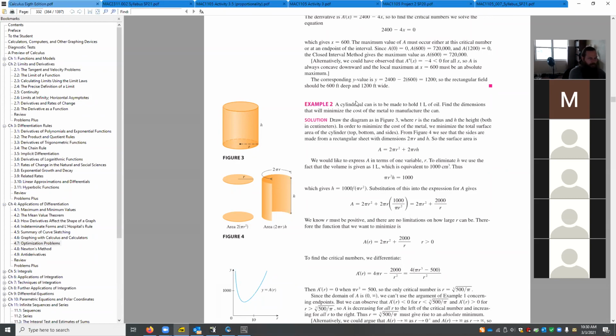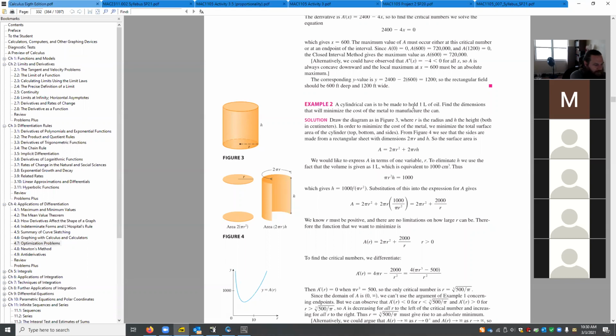So we're going to say that the cylindrical can has to hold 1 liter of oil. I'm going to write this down. Example. Must hold 1 liter of oil.